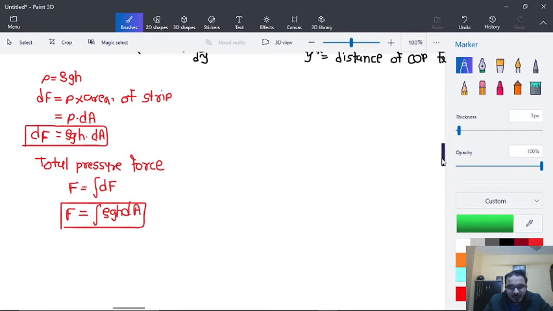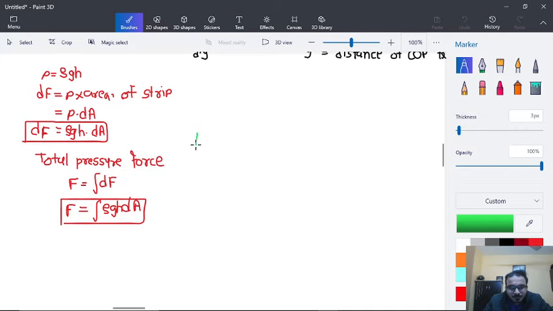So let me write them again. H upon Y is equal to H bar upon Y bar is equal to H star upon Y star is equal to sin theta.